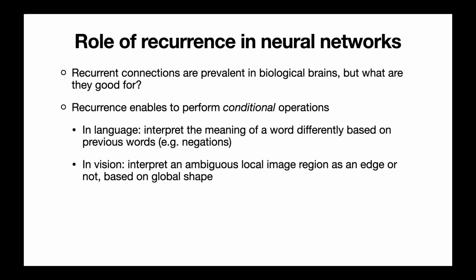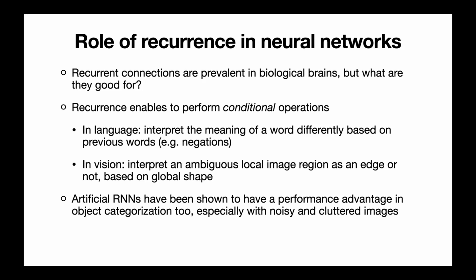For example, in language, based on the context of a previous word, for example, a negation, you can interpret the meaning of another word differently. Or in vision, you can interpret an ambiguous local image region as an edge or as noise based on the global shape context.